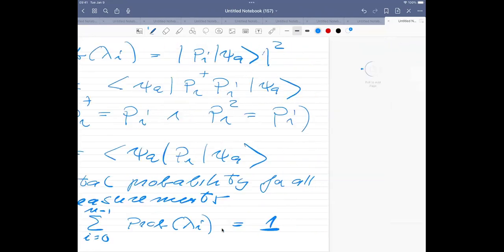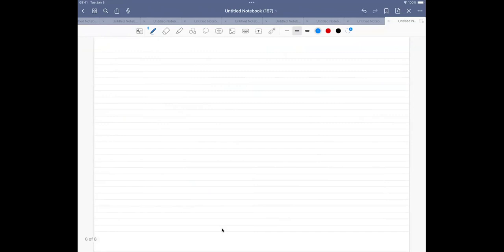Another thing which I will state here, but we will come back to the derivation of it: when we have performed a measurement, we will be left with a new state of the system. So after a measurement, what we will call the post-measurement normalized pure quantum state.